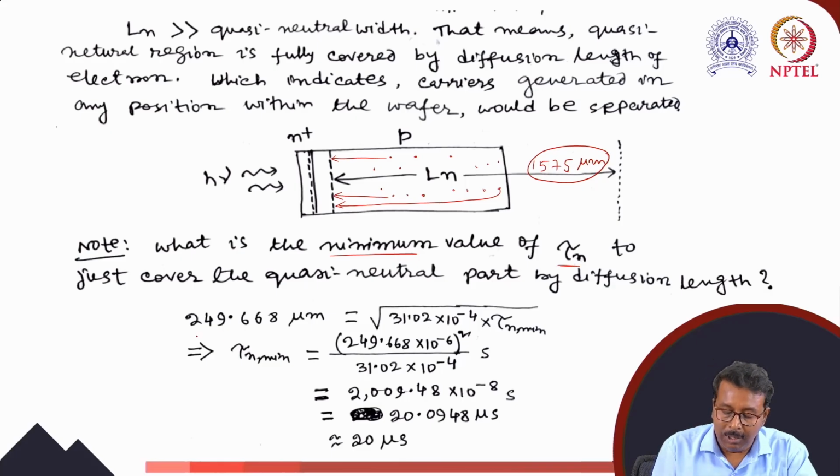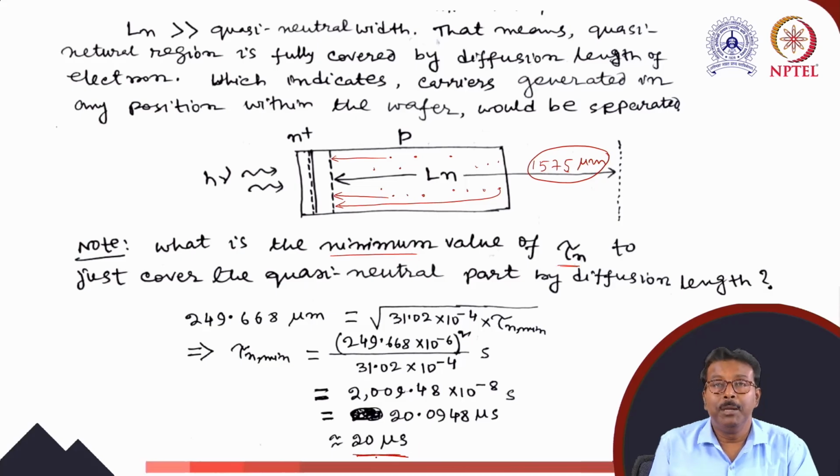You know the quasi-neutral part is 249.668 micron that we have calculated. This will be square root of Dn into tau n minimum. If you calculate this, it becomes 20 microsecond. That is, 20 microsecond minimum value of tau n is required for covering the full quasi-neutral part by diffusion length.